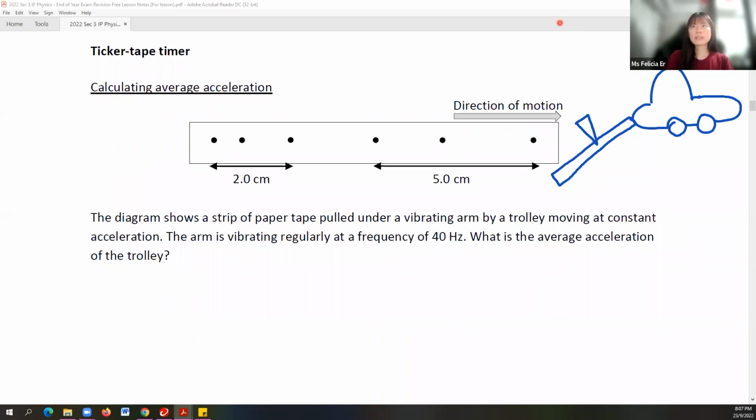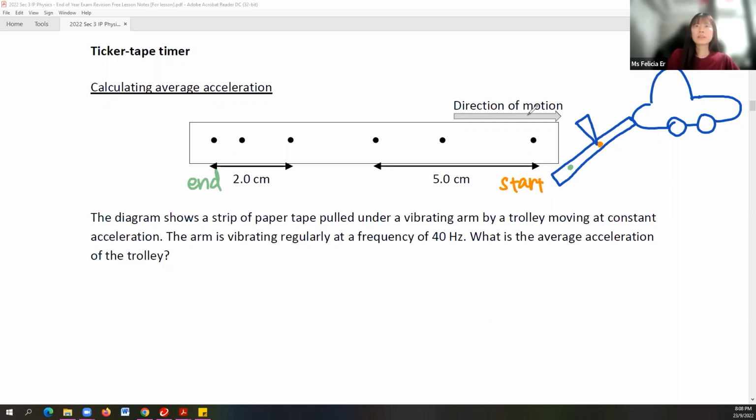Okay, for ticker tape, how you read it is, can you see that when you first punch the dot, it is over here. As the car continues to travel forward, the next time it punches, it will be somewhere behind, right? Because as the tape moves, you will punch somewhere towards the end of the tape. That's why for a ticker tape timer, the right side will be the start, while the left side is the end. Can you follow me and label the words start and end?